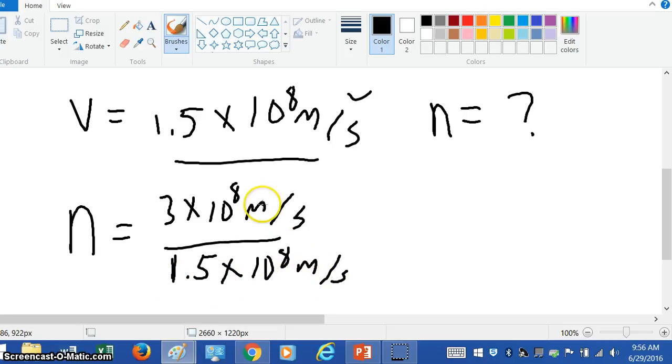Notice the meters per second cancel and give us a unitless number, as it should. And so when you do this, it's really just 3 divided by 1.5 because the times 10 to the 8th cancel. So the index of refraction of that particular substance or medium is 2. Alright, so pretty simple.